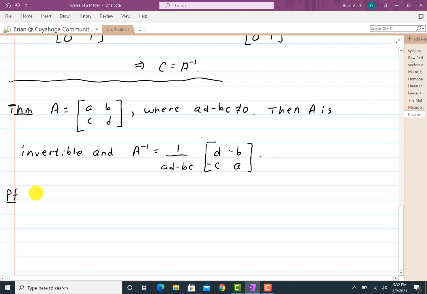Proof: show that A times A inverse equals the identity and also that A inverse times A equals the identity. You can check that out for yourself, but that's what you need to do to prove it.